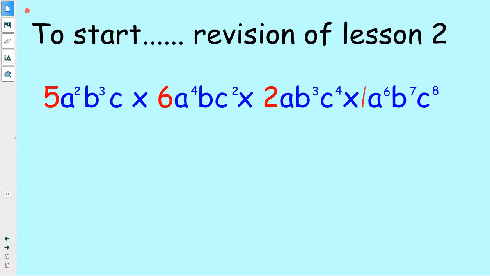There's a coefficient of 1. The number in front of a variable is called a coefficient, and the coefficient of this one is 1. When it's 1 of something, we don't really need to write it because it doesn't change the answer. If I did 5 multiplied by 6 multiplied by 2, the answer is 60. If I multiply that by 1, the answer is still 60. So that part is 60.